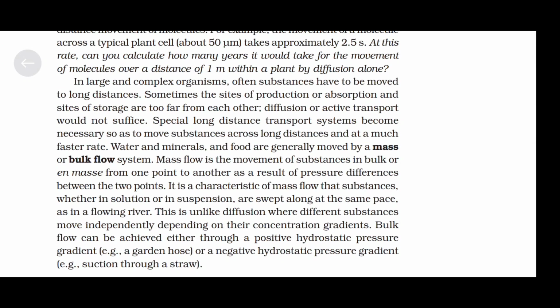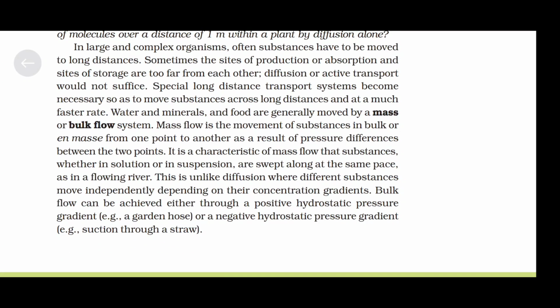Mass flow is the movement of substance in bulk or en masse from one point to another as a result of pressure differences between the two points. It is a characteristic of mass flow that substances, whether in solution or in suspension, are swept along at the same pace as in a flowing river.